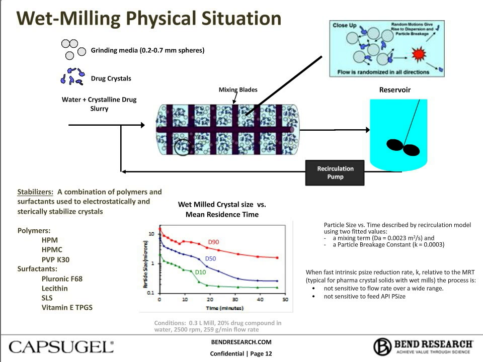And the graph shown here at the bottom of this slide shows a D10, D50, and D90 particle size in a typical result that's been achieved in our own laboratory. The particle size as a function of time can be modeled, we found, based on a mixing term coupled to the particle breakage constant. So we've done some of that work as well.